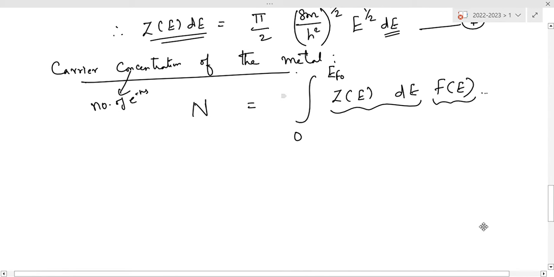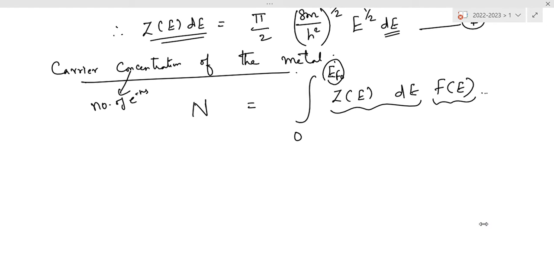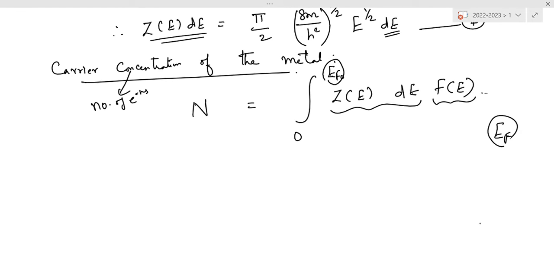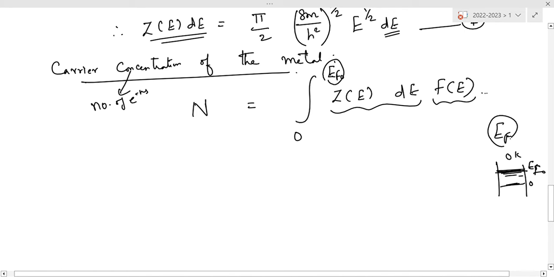So in the general formula, the limit is in the metal at 0 Kelvin, EF is the maximum filled energy level. Therefore, the limit is considered as from 0 to EF, at 0 Kelvin the maximum filled energy level. Therefore, it is considered as EF naught.